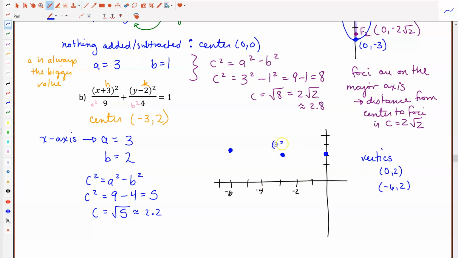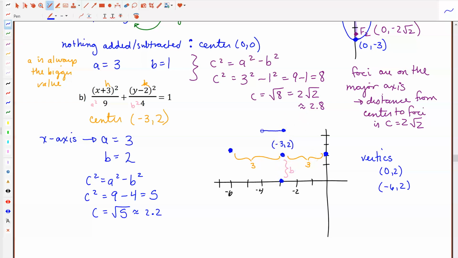My center is at negative 3, 2, so I'm just going left and right that value for A. Then I'm going to go up and down the value for B. So B was 2 units up, and then 2 units down. So there's your value for B.